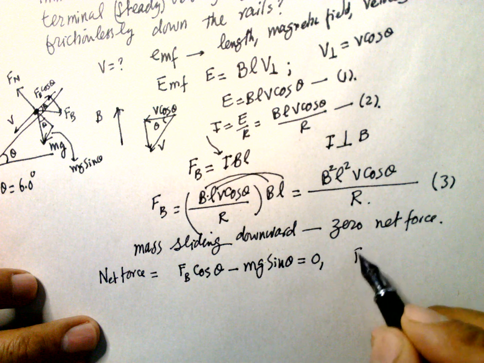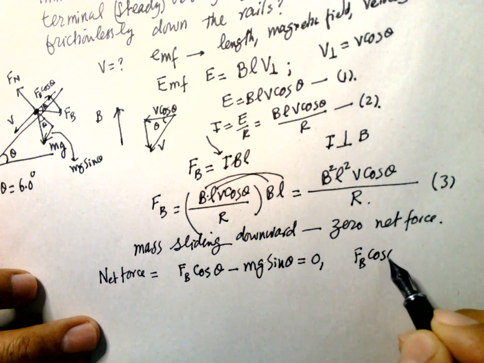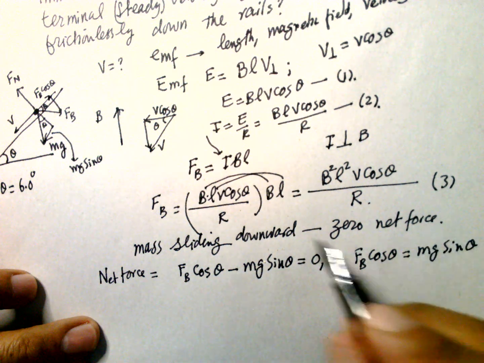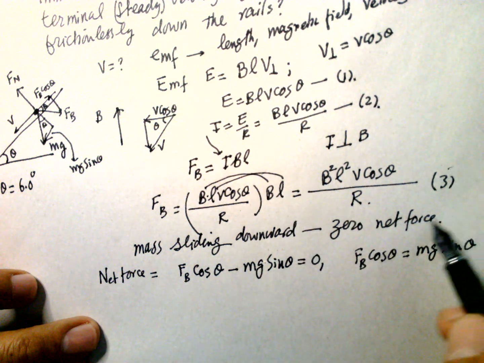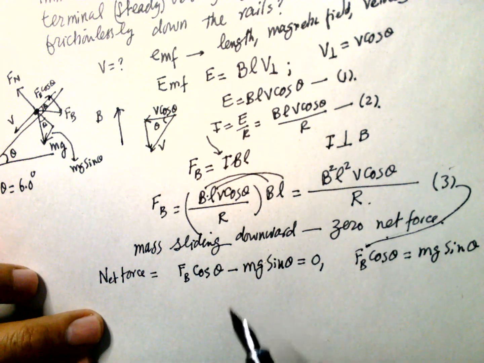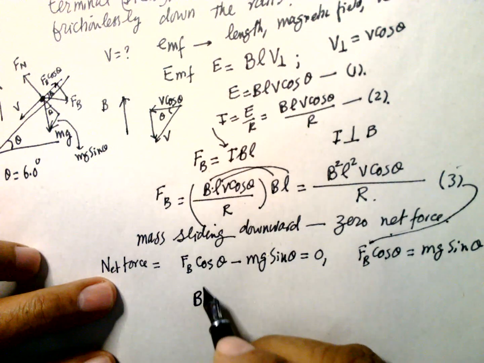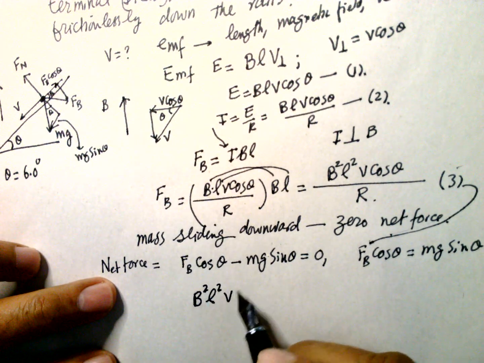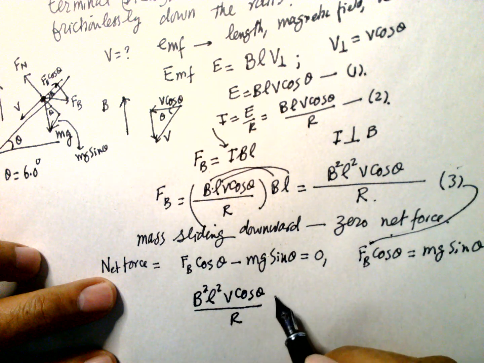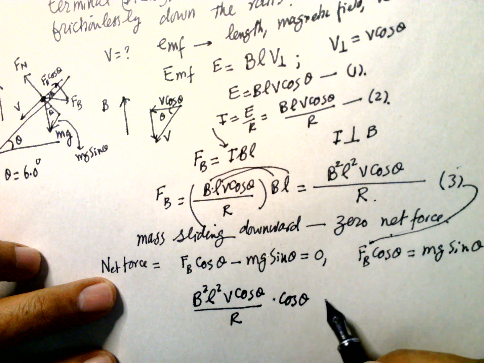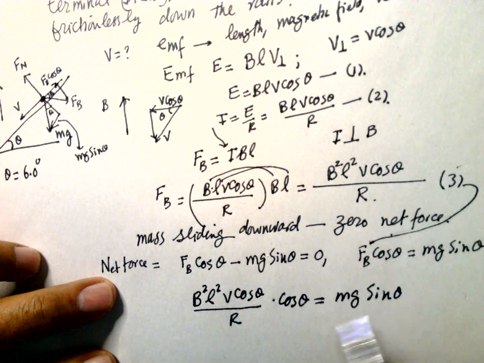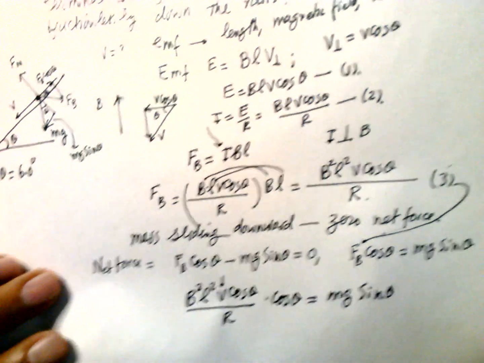So FB cos theta is equal to mg sine theta. FB is from equation 3, so substitute this one. So B square L square V cos theta divided by R, into cos theta, is equal to mg sine theta. So V we have to find.